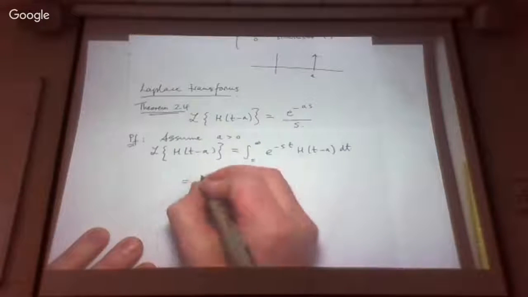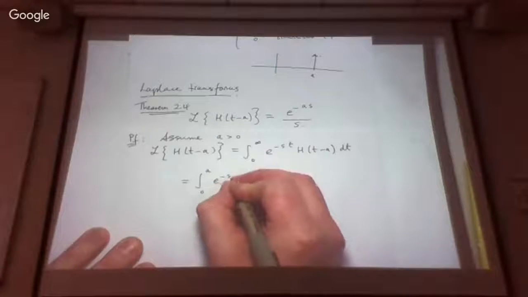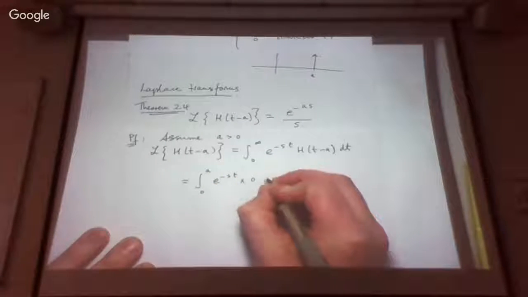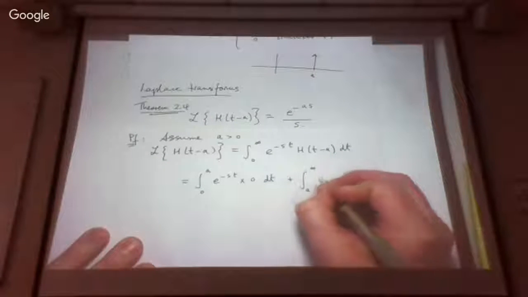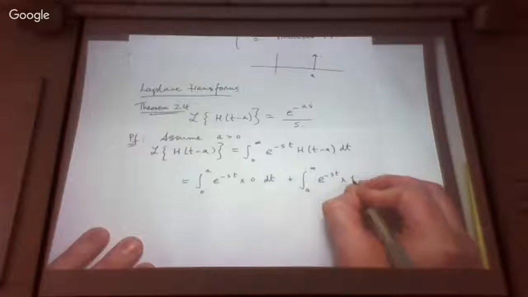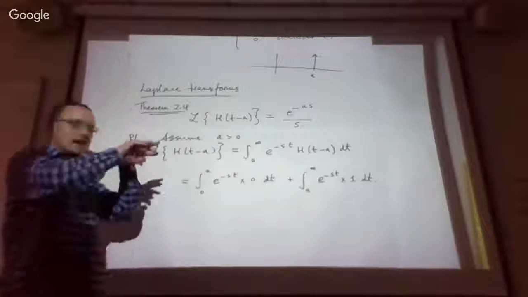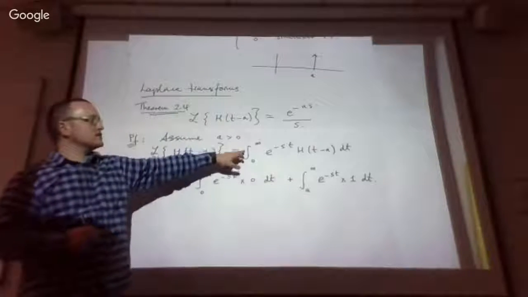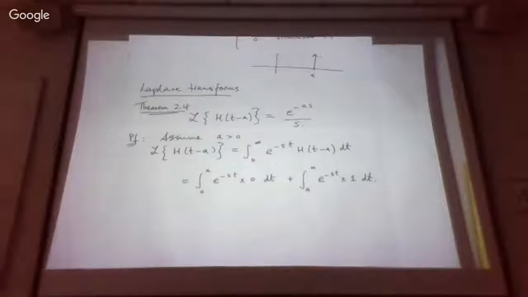Well, everywhere between 0 and a, the Heaviside is 0. Everywhere beyond a, it's 1. And integration has this very nice property that you can split the interval of integration up, and you break the single large integral into subintegrals, then add the results together.